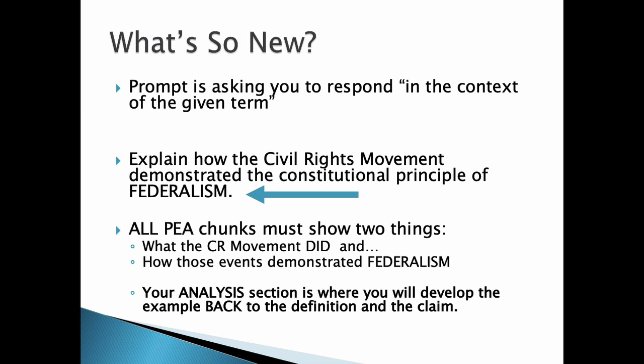They had marches, they had sit-ins, they had protests. That is what the civil rights movement did, but does that fully answer the question of how that is federalism? So the new thing is that we must show how all of our PEA chunks answer the 2 parts to that prompt.